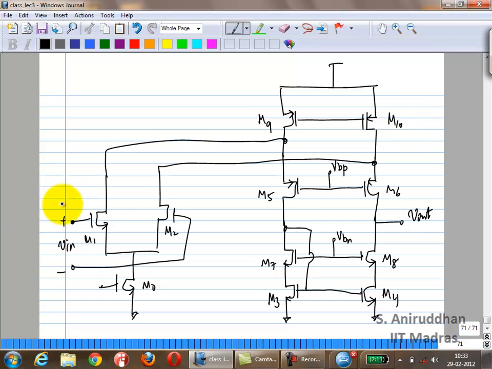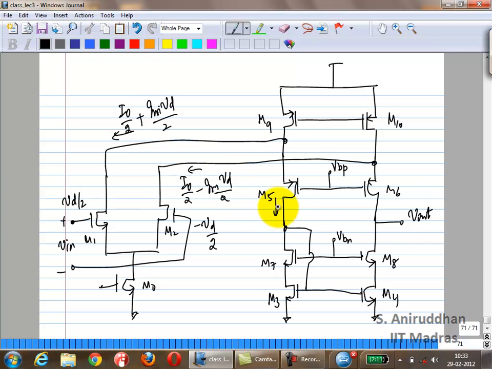So let's say this side has VD over 2, this side has minus VD over 2. Okay, so this side has I0 by 2 plus GMVD over 2. Okay.